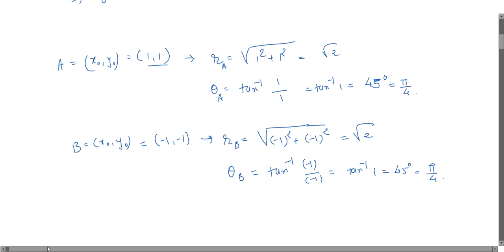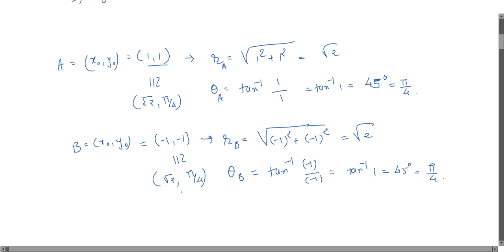So if I write this x0, y0 in the polar form, it is square root 2, pi by 4. If I write this in polar form, then it is square root 2, pi by 4.